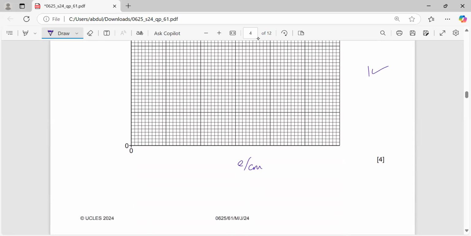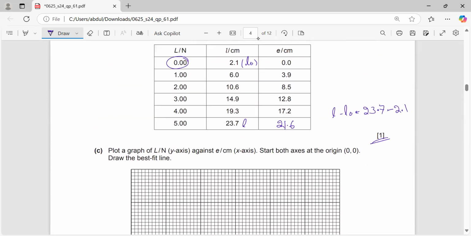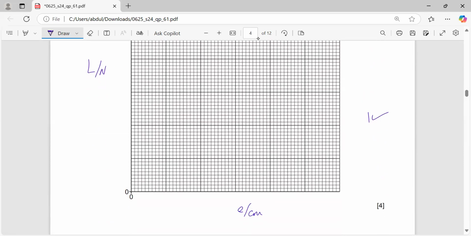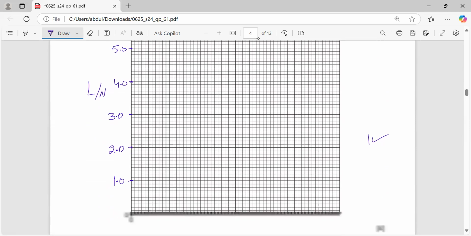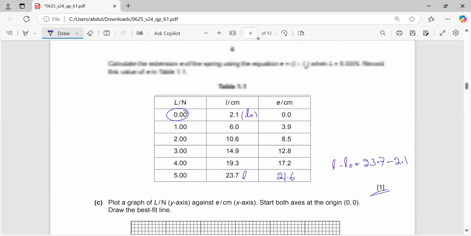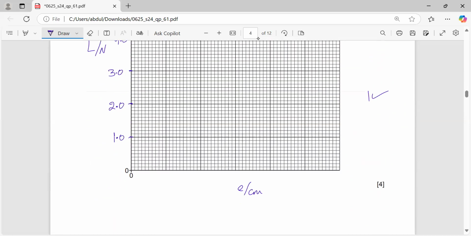Now 0, 0, and we need to use the values 0, 1, 2, 3, 4, 5. So already there is a lot of stuff available. So this is 1.0, this is 2.0, here 3.0, 4.0 and 5.0. More than half of the grid must be covered, and the extensions are from 0 to 20.